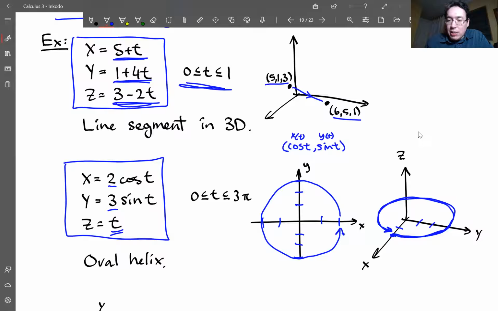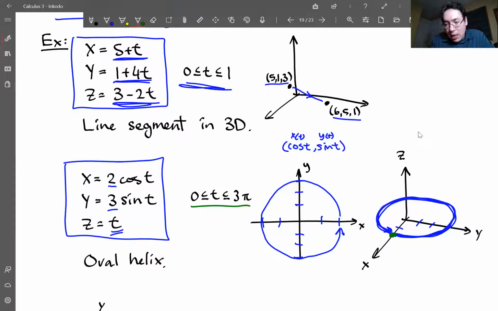So if you trace out what happens in the ellipse shadow, the actual curve is slowly rising from this shadow ellipse. And we're actually going to 3 pi, not 2 pi. So it wraps around once and wraps around halfway through the second round.